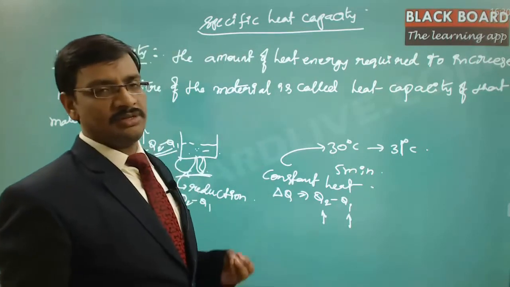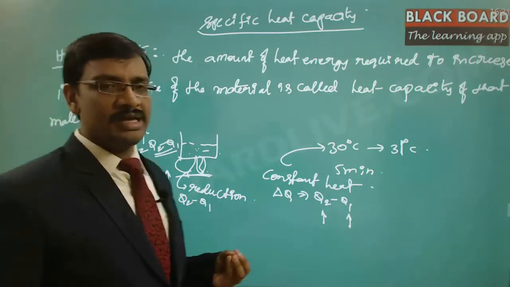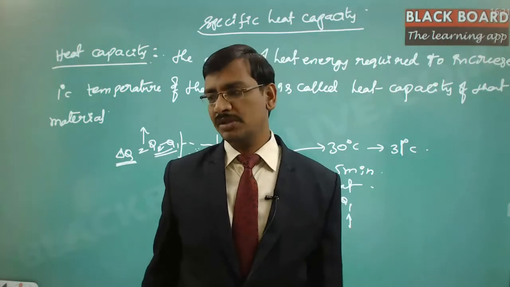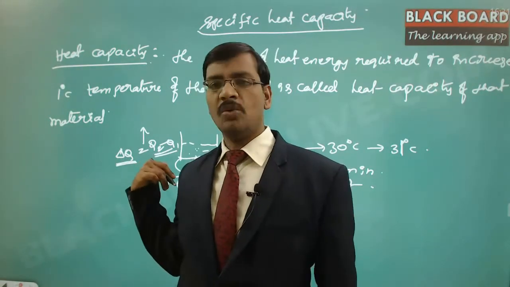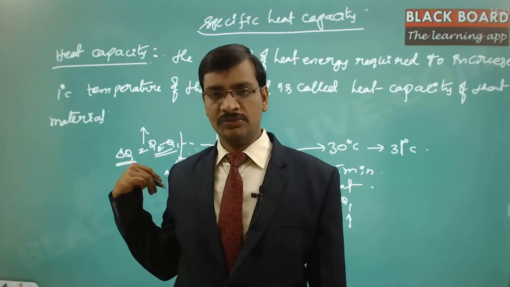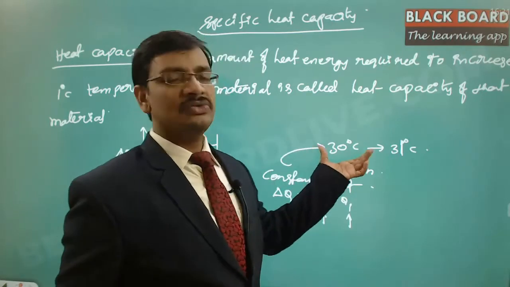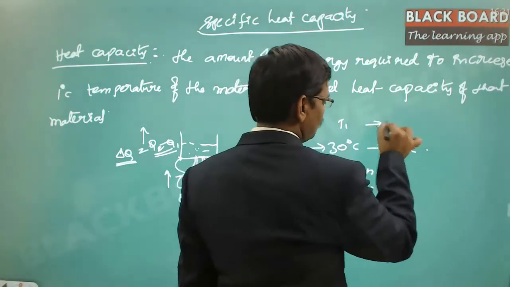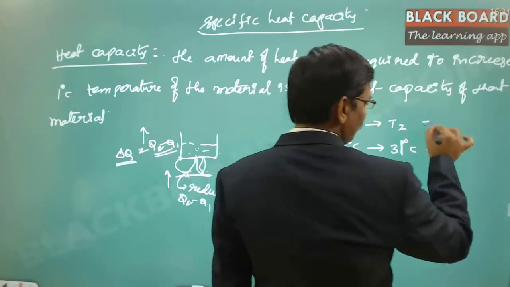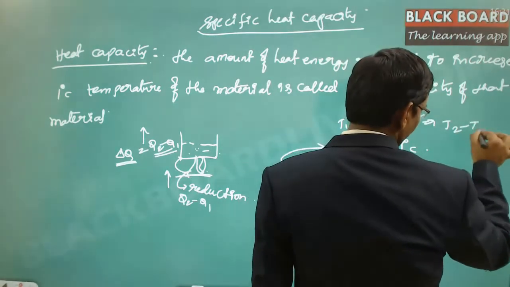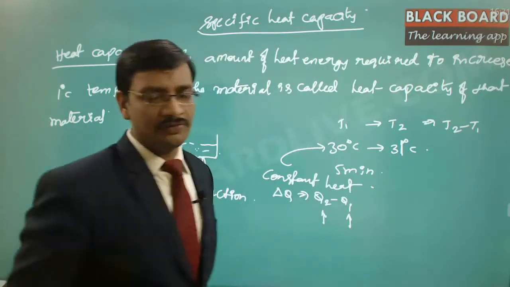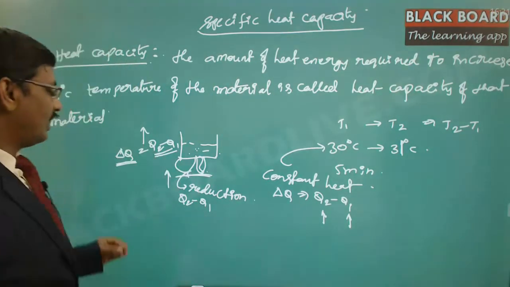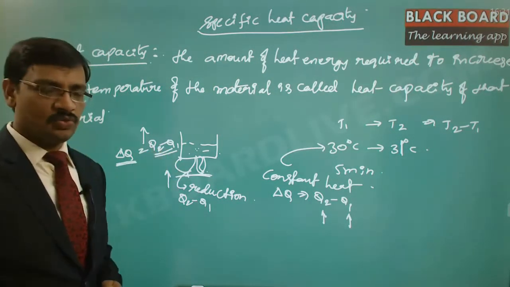Let us say it is not always possible to raise only 1 degree centigrade and measure it. Let us say I know how much energy I have given to the stove and how much the temperature was raised. Let us say it rose from T1 to T2, then the rise in temperature is T2 minus T1 and the energy rise is Q2 minus Q1.